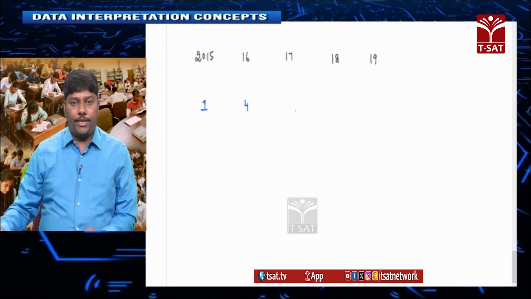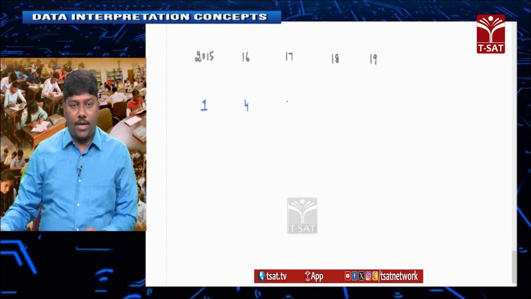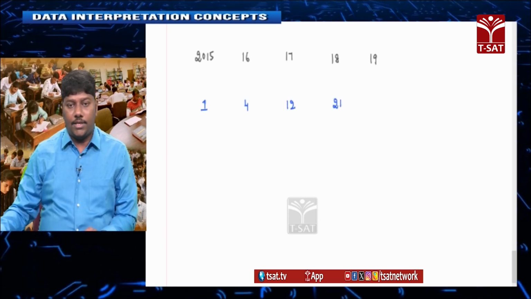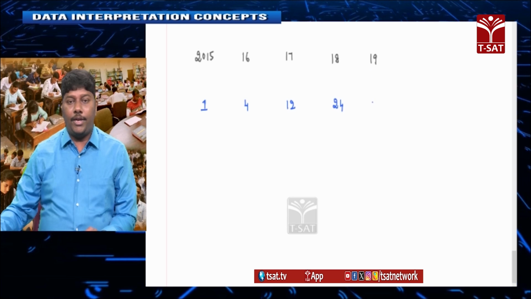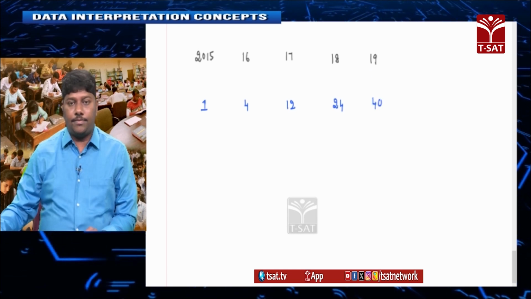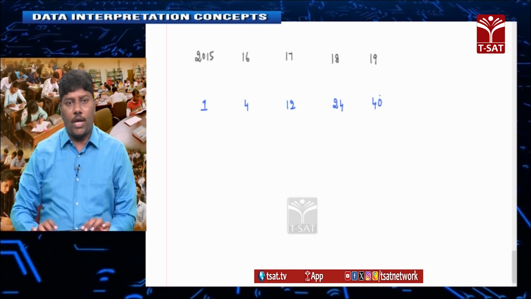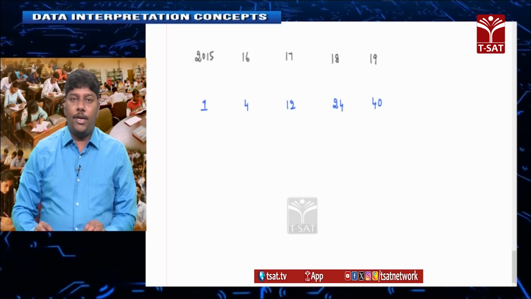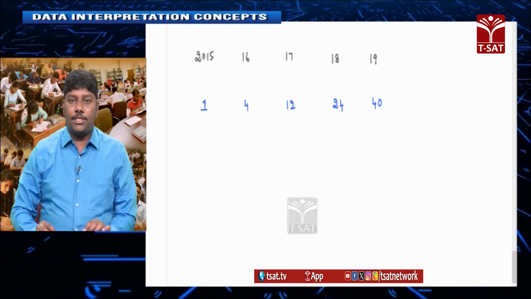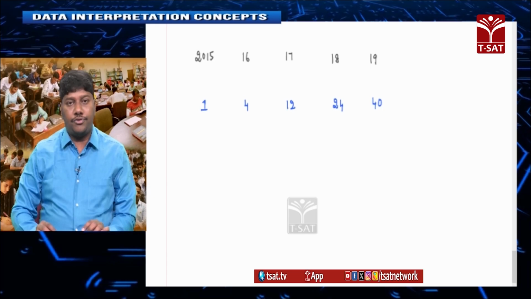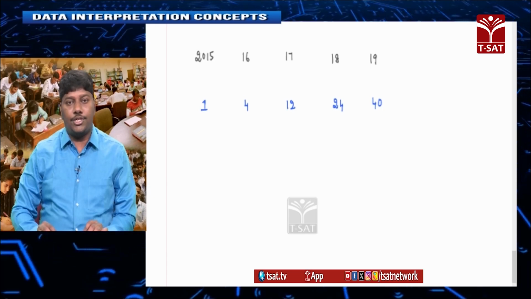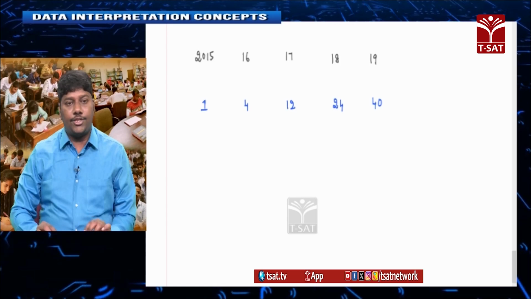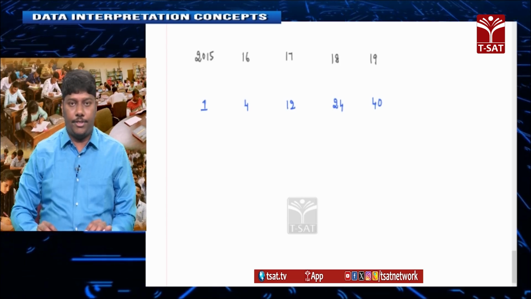In 2017 it became 12,000 cars. 2018 it became 24,000 cars. 2019 it became 40,000 cars. Everything is in 1000, 2015 to 2019. If I ask you in between which two successive years the percentage increase is the greatest.